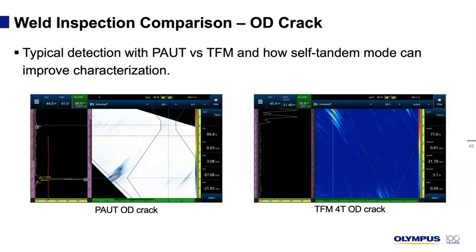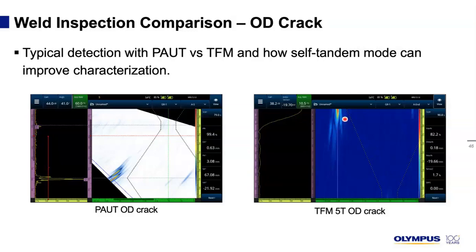Again, a comparison between pulse echo phased array on the left and pulse echo TFM on the right. Corner trap, facet, tip, corner trap, facet, facet, and tip. If we switch to self-tandem and 5T instead, we have the same flaw signature or same kind of result as we had on the ID with a 3T.